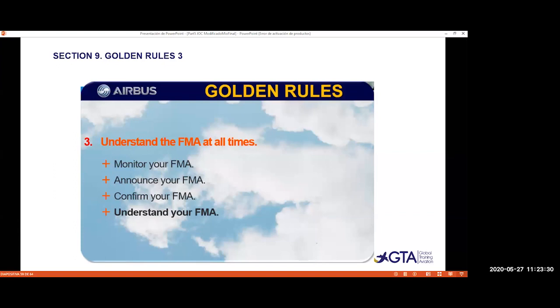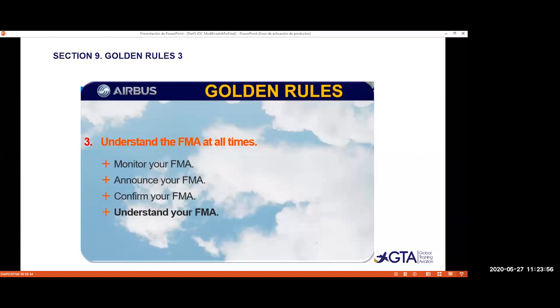Then the role of the pilot flying is to announce the FMA. The role of the pilot monitoring is to confirm what the pilot flying has said is happening on the FMA, to see if his own FMA shows the same.